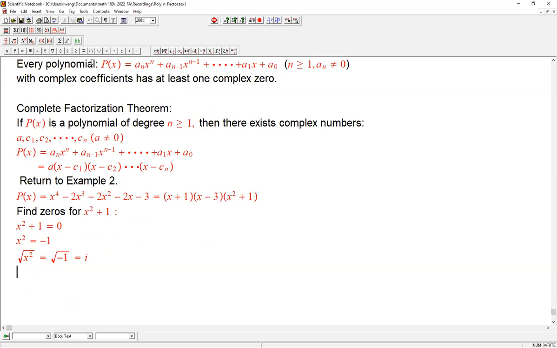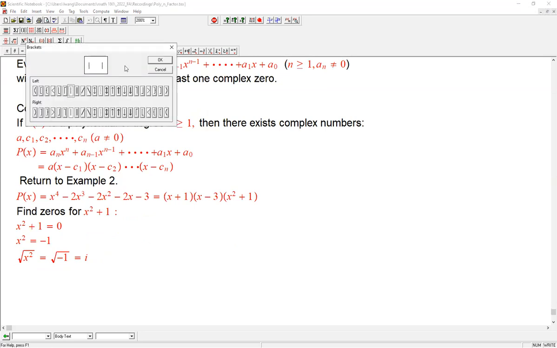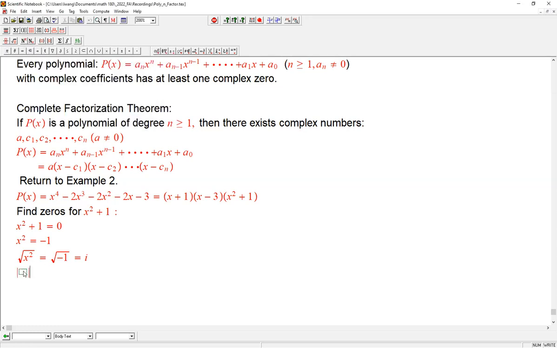And the left-hand side is the absolute value of x, equals i. As a result, x equals plus i or minus i. Of course, you can also use the quadratic formula, but I find it easier to use this one because we have a perfect square here.